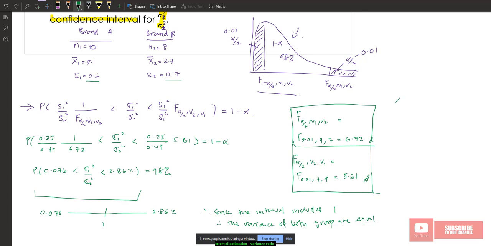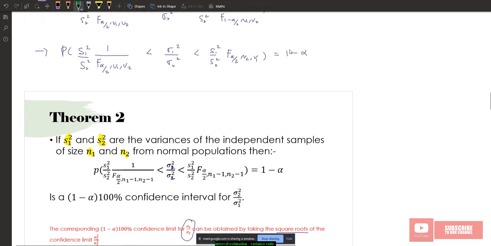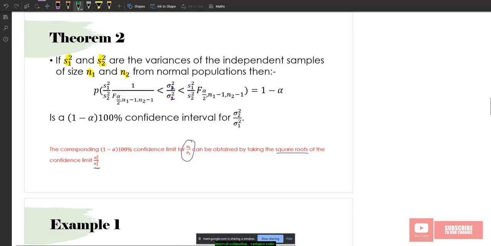So let's say your alpha is equal to 0.01, alpha divided by 2, right? If you find 1 minus alpha divided by 2, you should get 0.99. So this alpha value is not in your statistical table. So that's why you still need to use theorem number 2, which is alpha divided by 2, with n2 minus 1 and n1 minus 1.